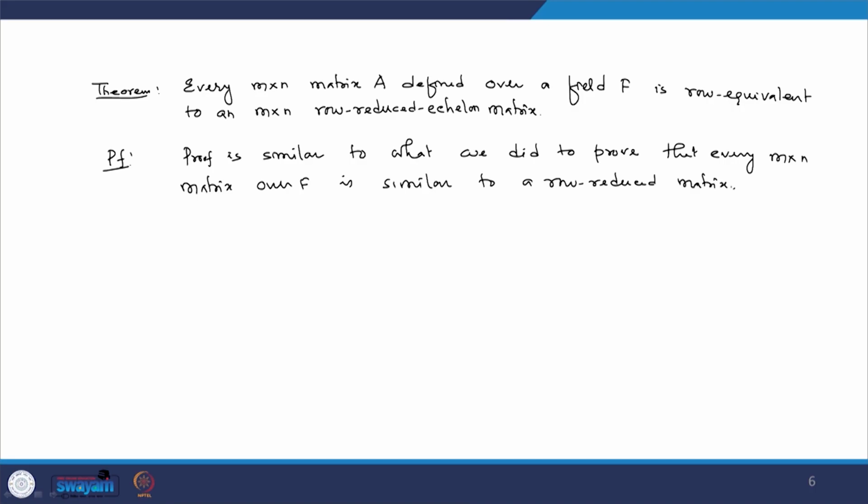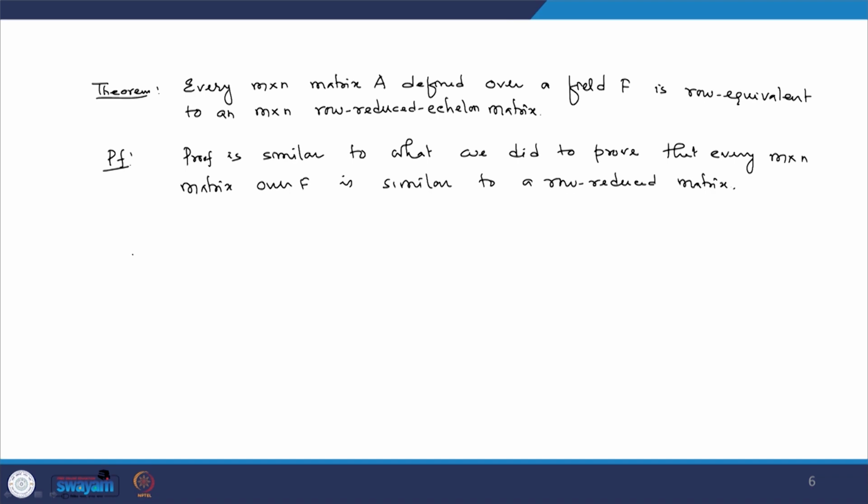Okay, so, I am leaving this one as homework. So, you can try this one please. So, let me consider problems and show that one can have the corresponding row reduced echelon matrix.